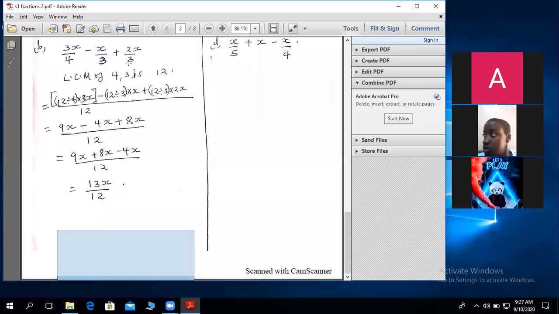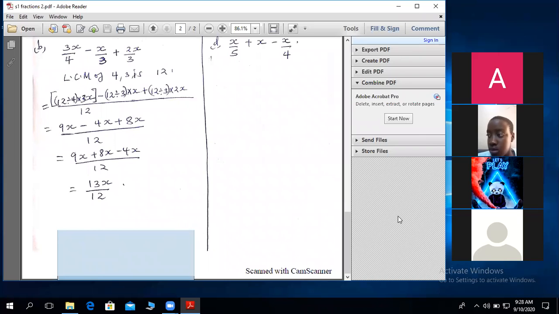So there is nothing that has changed. We still have to use the LCM concept, whereby the LCM of 4, 3, and 3, I'm getting as 12.